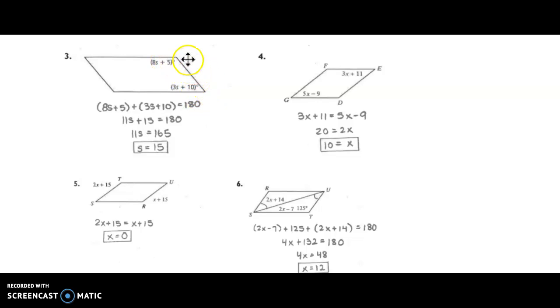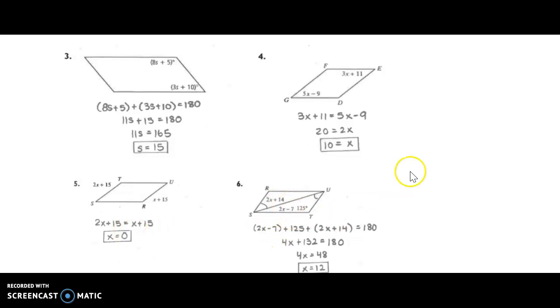And so these are same side interior angles, or consecutive angles, and that's supplementary. So when you add it, it equals 180. Opposite angles are congruent and measures are equal, so we set them equal to each other here. Opposite sides are congruent, so again, setting them equal to each other.